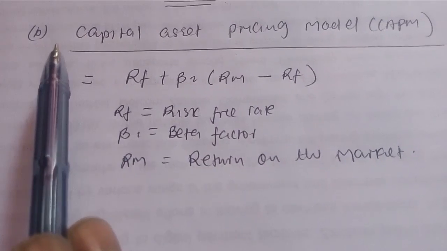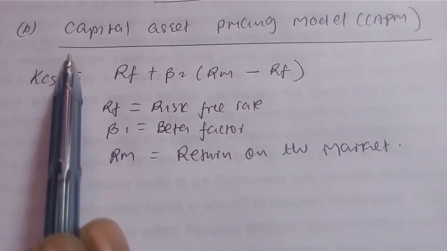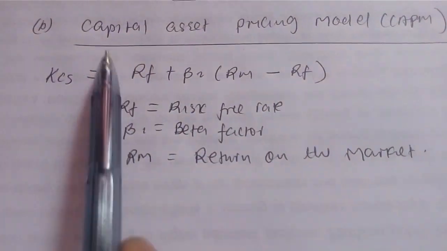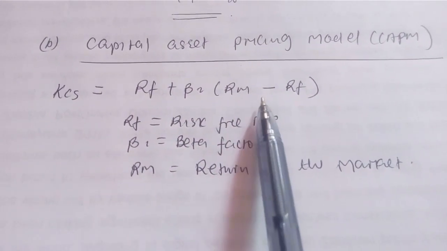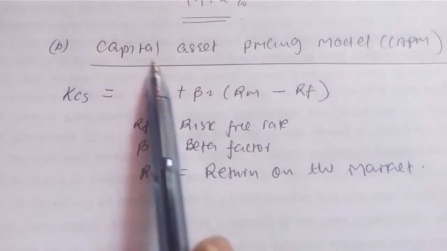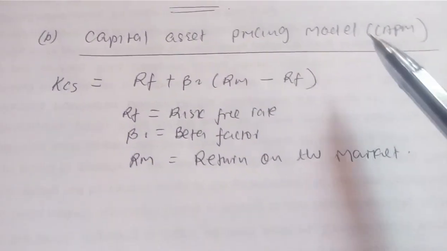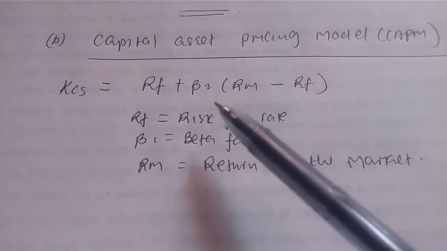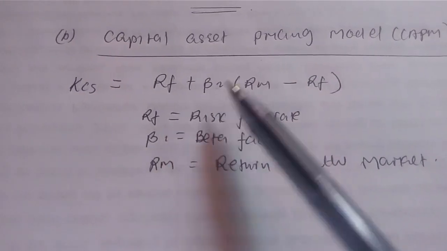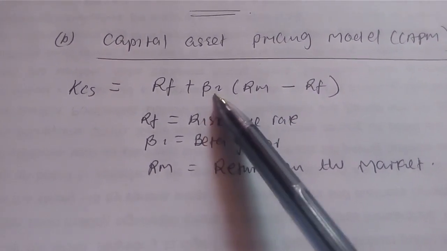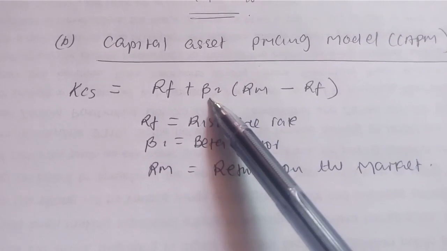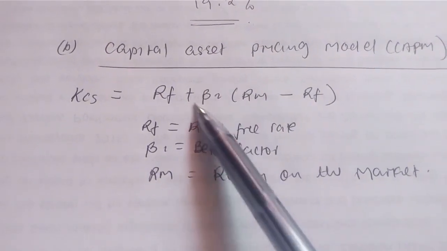The second interesting formula or method that we apply when finding the cost of common stock, whether internal or external, is what we refer to as the capital asset pricing model. This model is mainly applicable when we are dealing with the market risk, or the systematic risk, which is measured by the beta factor.